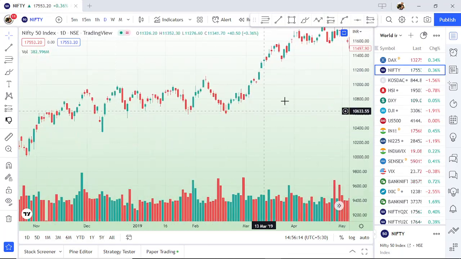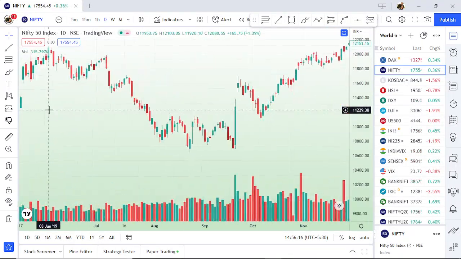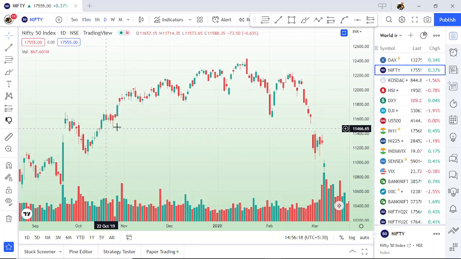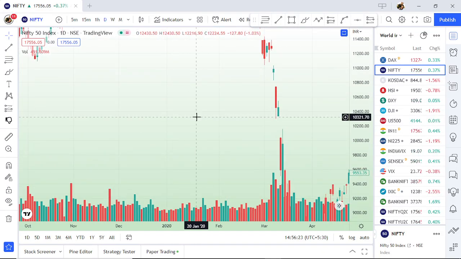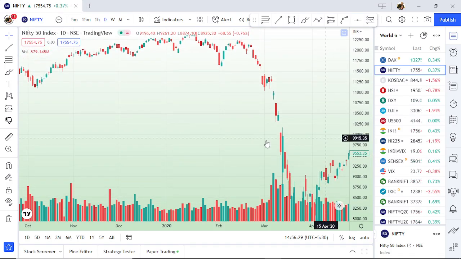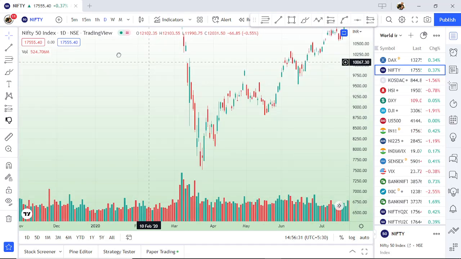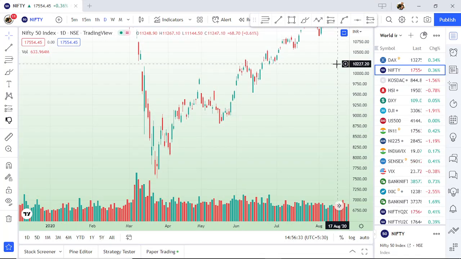We're not finding it here, so I'll just skip this part, because the hammer will not usually happen in an uptrend. It happens sometimes, but we cannot consider that. Once that happens, just avoid it. You don't even need to look at it. I was trying to explain so that you understand.